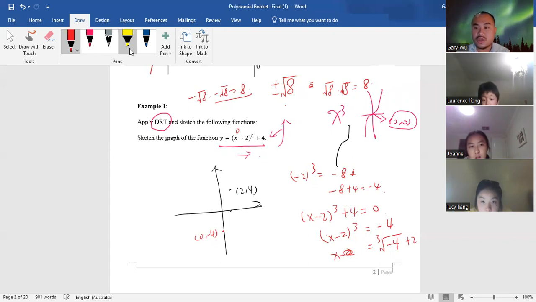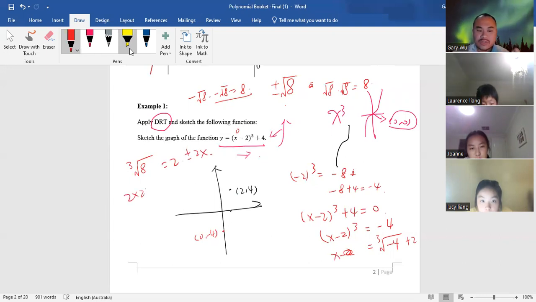But when it comes to cube root, for example, let's say for this one, it's 2. It's not plus or minus 2, because just consider, if it's 2, it means that 2 times 2 times 2 equals 8, right? But if it's -2, negative 2 times -2 times -2 is -8, not 8.